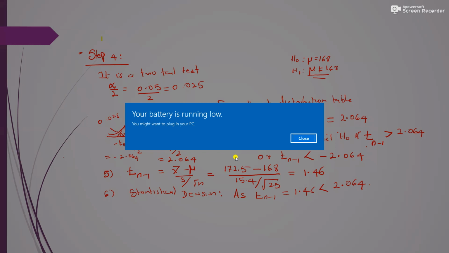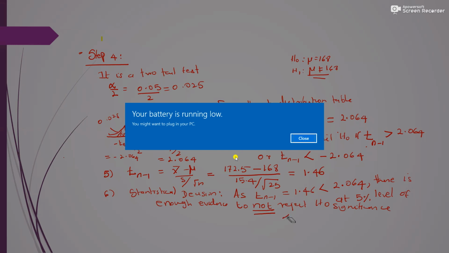Right? There is enough evidence to not reject H naught at 5% level of significance.